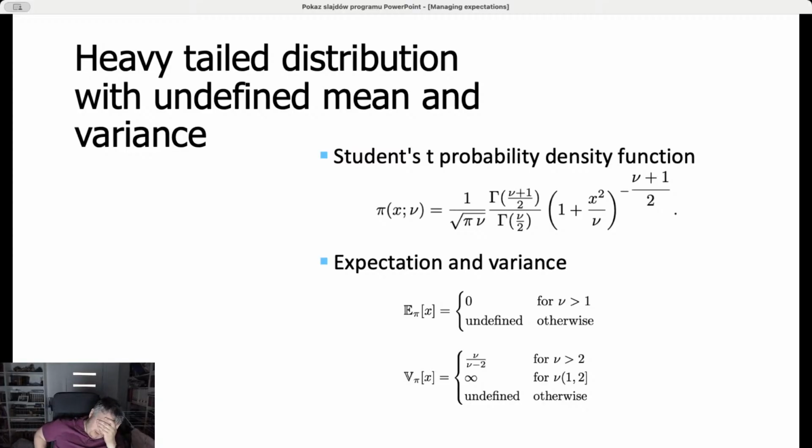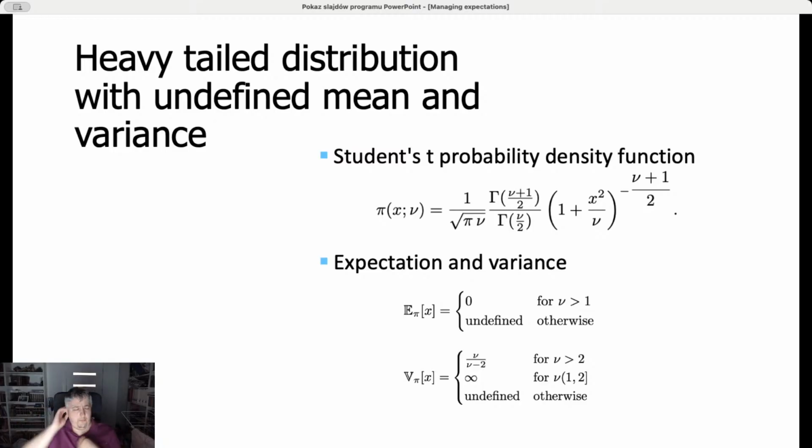Heavy-tailed distributions are distributions, informally saying, that can generate values that can be large, and moreover, getting those values is not terribly unlikely. And the most basic heavy-tailed distribution, at least a distribution that has a possibility of being heavy-tailed, is a student T probability density function.